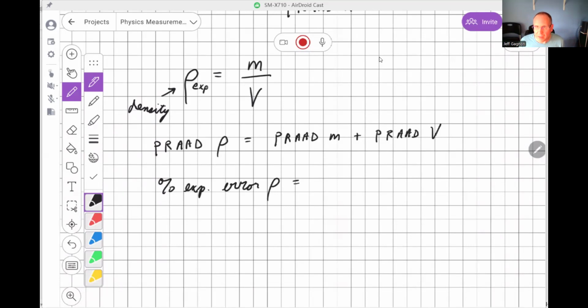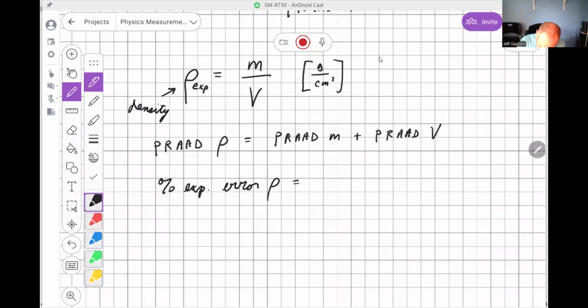So if you look this up on Google or something, the accepted value for the density of aluminum is 2.70 grams per centimeters cubed. Okay. By the way, I should mention the units here, right? Since density is mass divided by volume, remember our mass we measured in grams in this lab, and the volume was centimeters cubed. So it's grams per centimeters cubed.